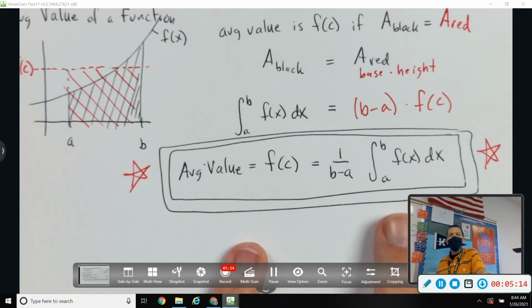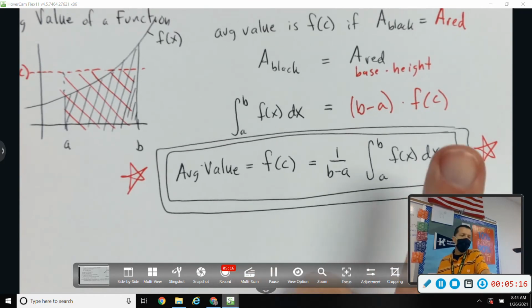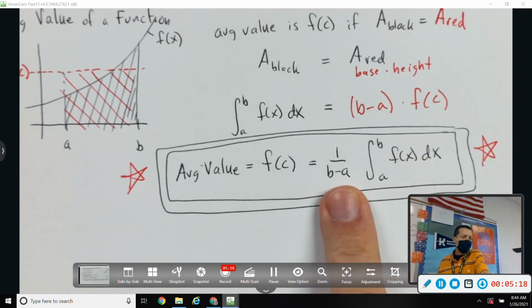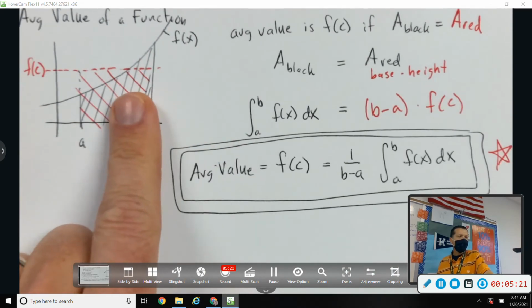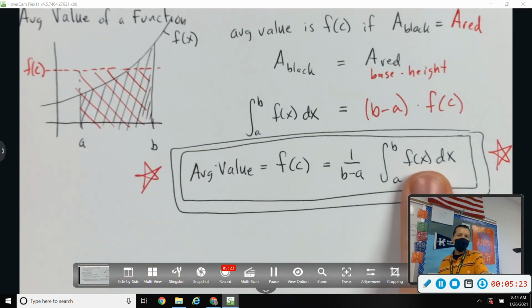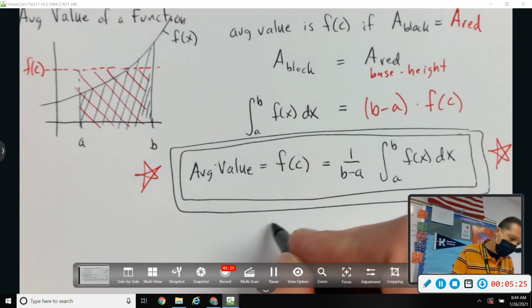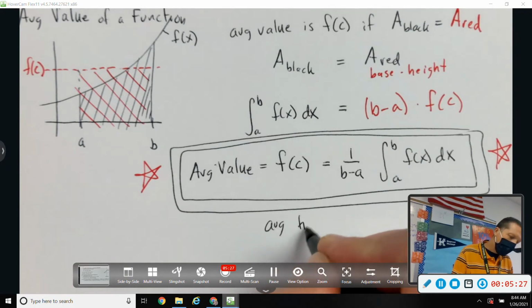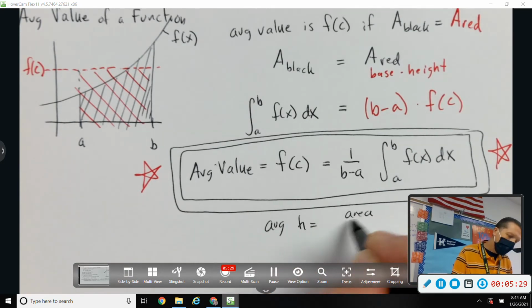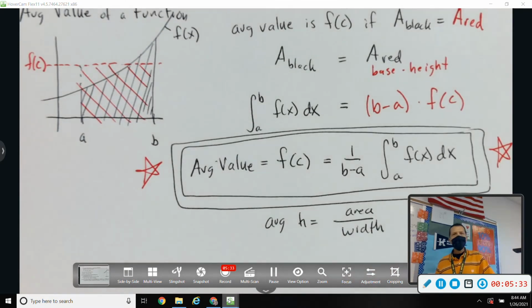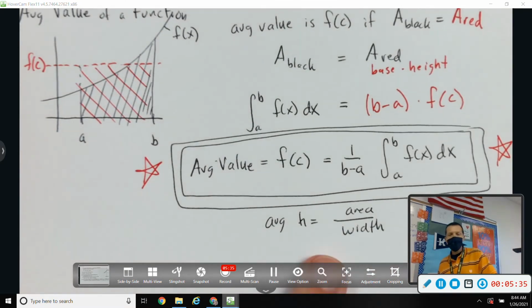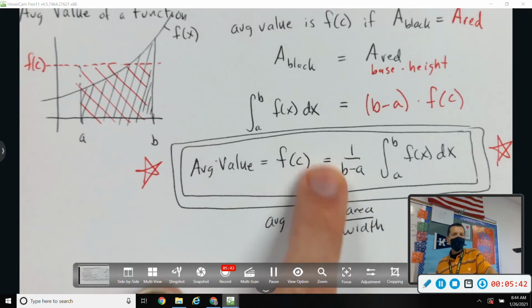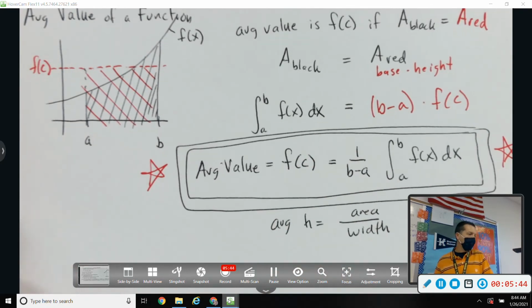It helps me remember the formula, because I remember it as the area divided by the width gives me the average height. That's not the full calculus version, but that's where it comes from. So remembering that might lead you to the actual calculus formula.